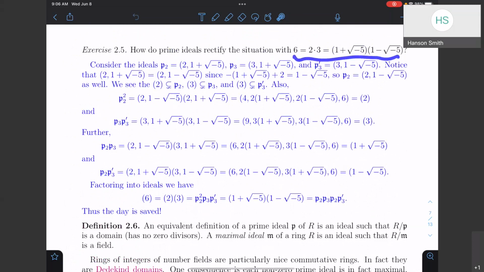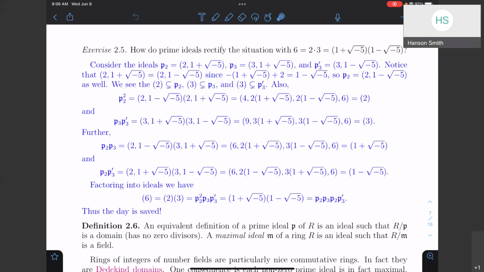We have these 2 distinct factorizations of 6, and it turns out that we can consider some ideals, P2, the ideal generated by 2 and 1 plus the square root of minus 5. What does it mean to be generated by those 2 things?